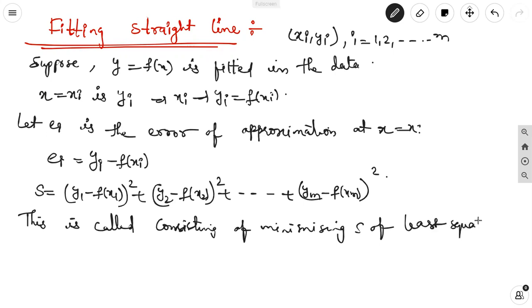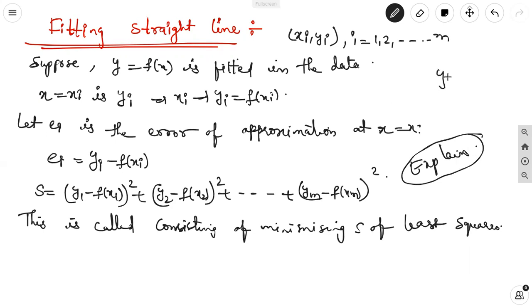Or simply, if they are asking you to explain the method of fitting a line by least squares, or to fit a curve or a line by least squares.